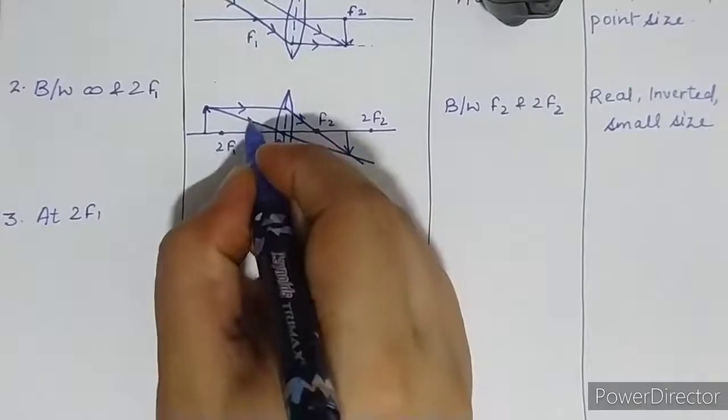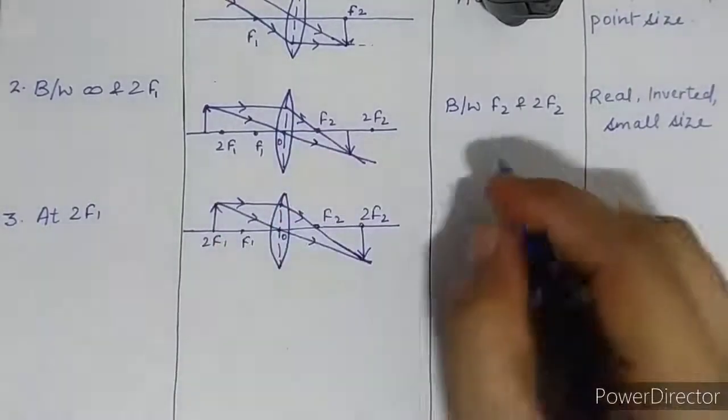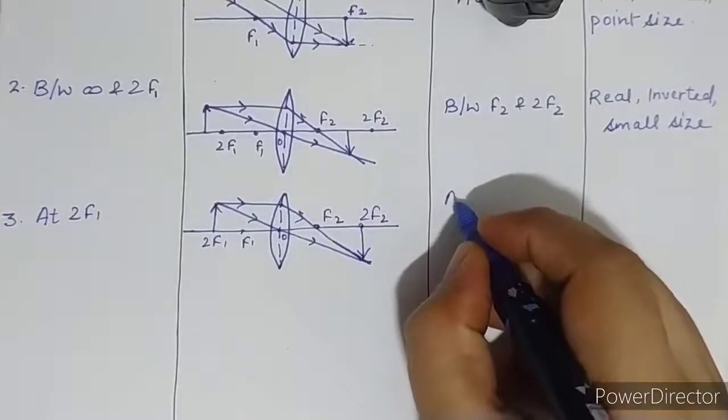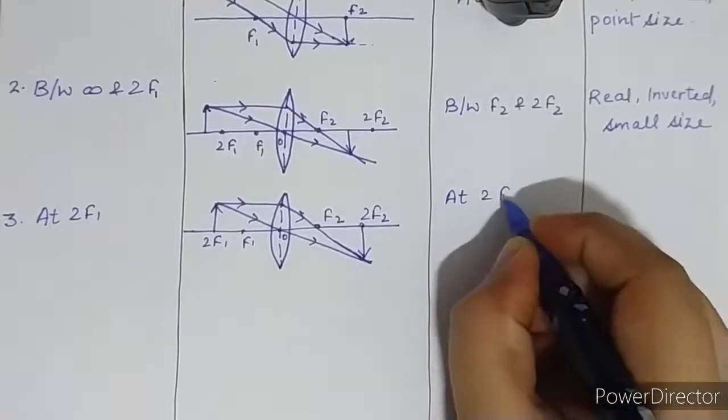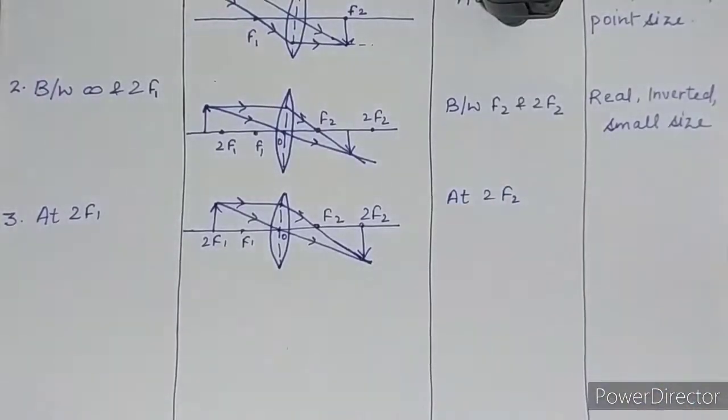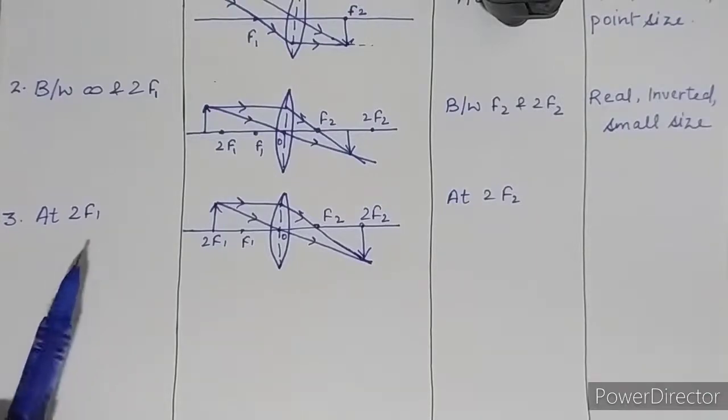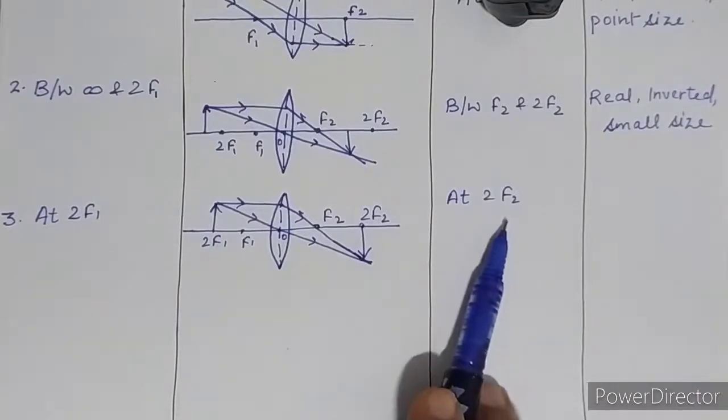So the image has been formed at 2f2. Like in the mirror, when the object is placed at the center of curvature, its image is formed at the center of curvature, that is real, inverted and of the same size. Similarly, when the object is at 2f1 of the lens, its image is made at 2f2.